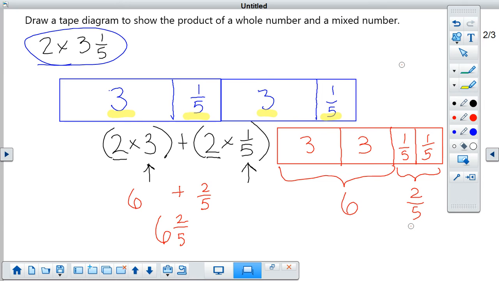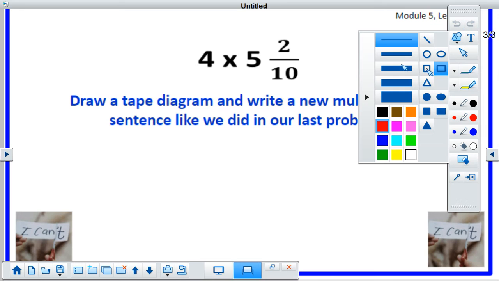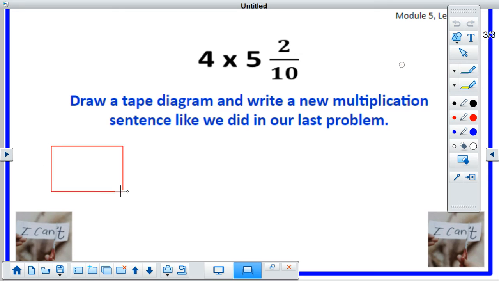So we're going to try another example, and that is 4 times 5 2/10. So the first thing that we'd want to do is illustrate with our tape diagram. Now that I know that my tape diagram is going to include 4 groups of 5 and 4 groups of 2/10, maybe I want to make my tape diagram a little bit bigger.